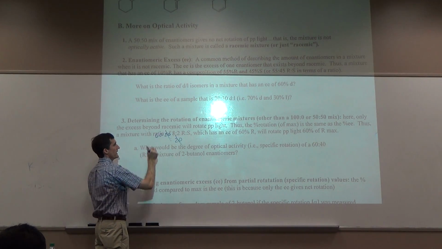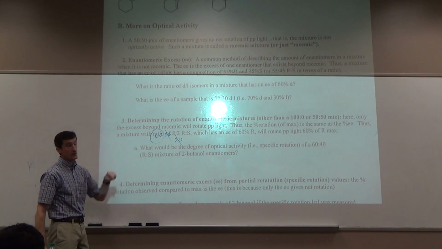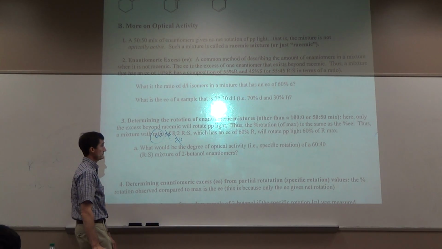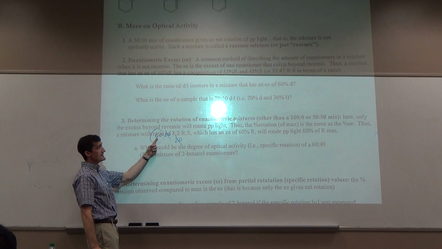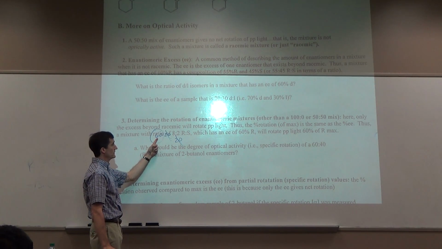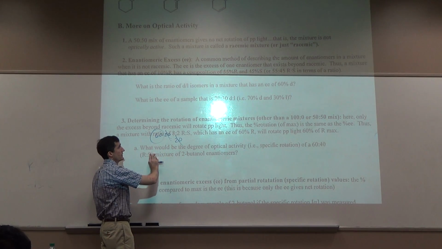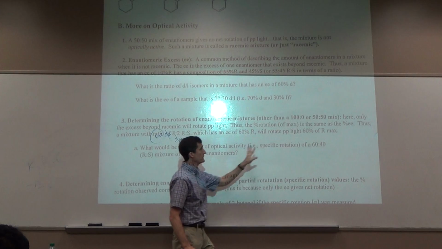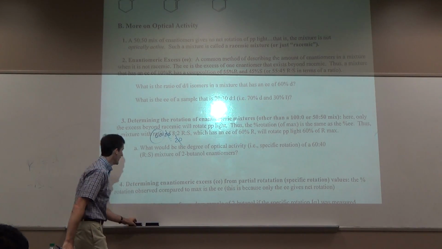These cancel, what are you left with? That's what gives you your net rotation. But this is going to be 60% of max, because it's not 100% that rotate, only 60% rotate. So it's the same as the EE.